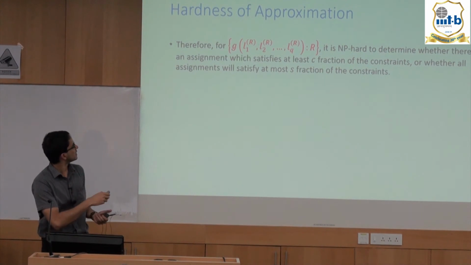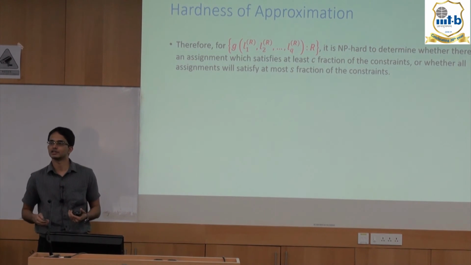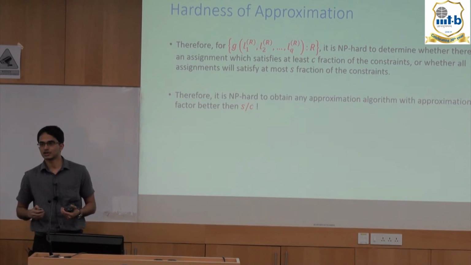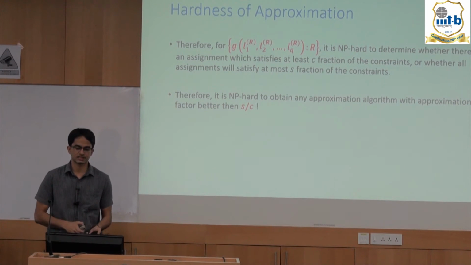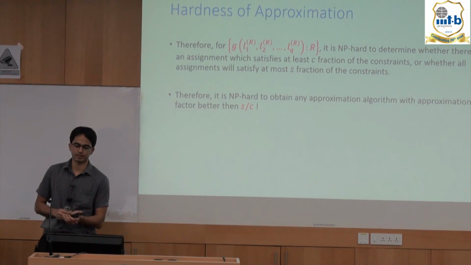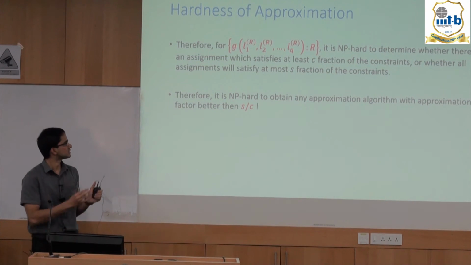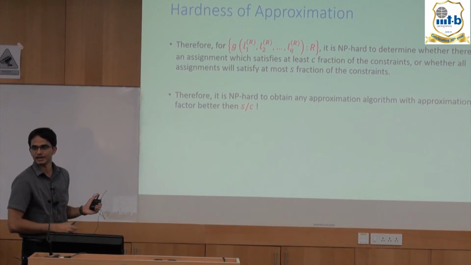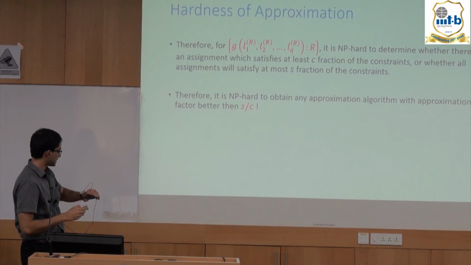Right? So this statement itself gives you a hardness of approximation type result. It says that if you look at these kinds of constraints based on G, you cannot have an approximation algorithm better than S divided by C. It's NP hard to do better than S divided by C. It's a very simple idea, but a very powerful idea. So let's look at this closely.